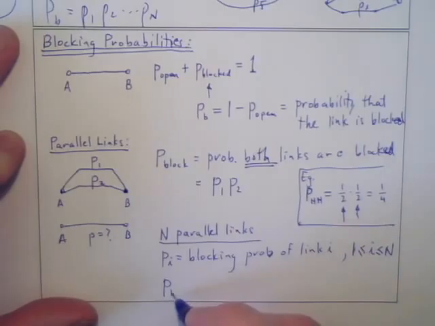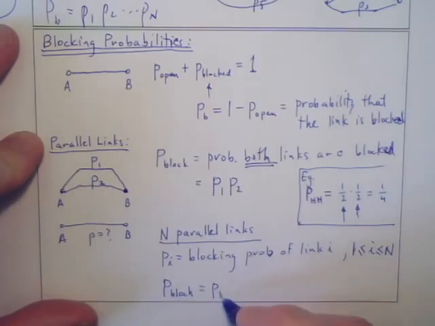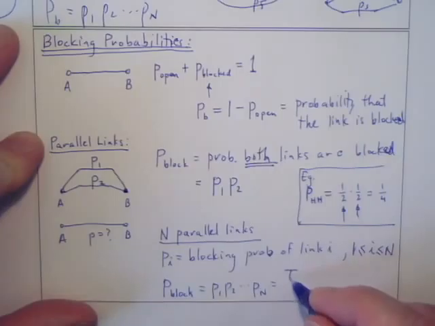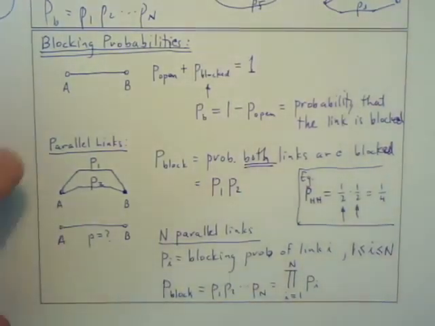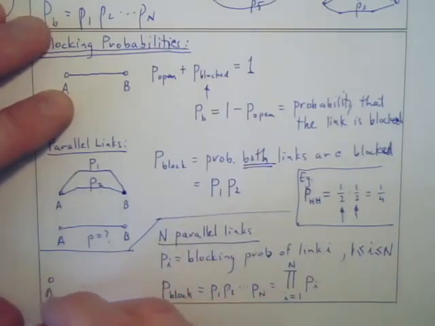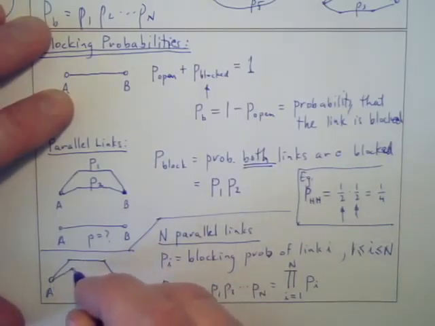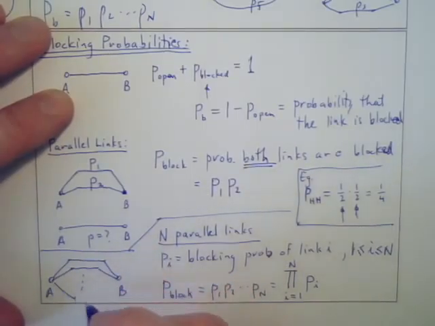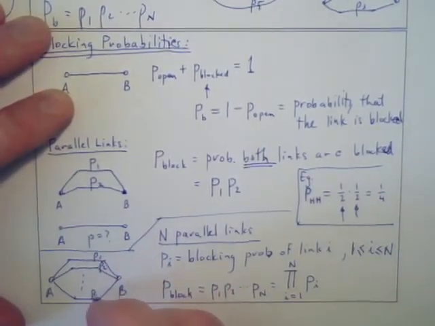Then the probability of a block in this case is P1 times P2 times ... Pn, or written in product notation, the product from i equals 1 to n of the P sub i's. Okay, and this is the n parallel links case, where we have from A to B our first link, our second link, all the way down to the nth parallel link, P1, P2, Pn.